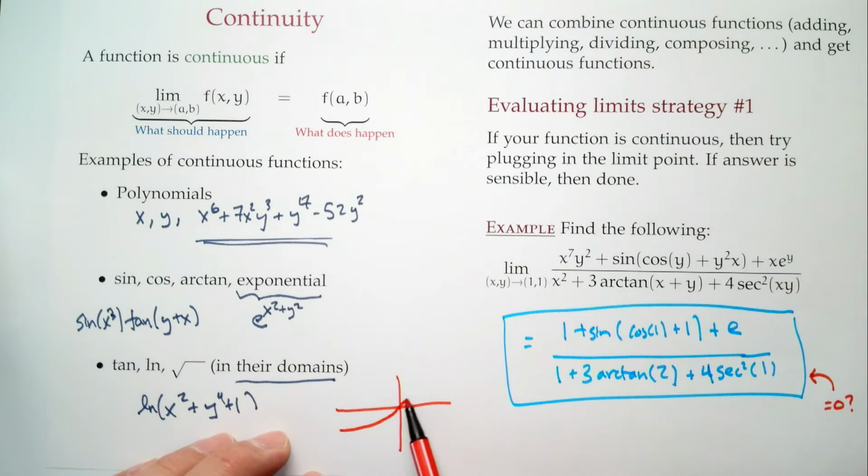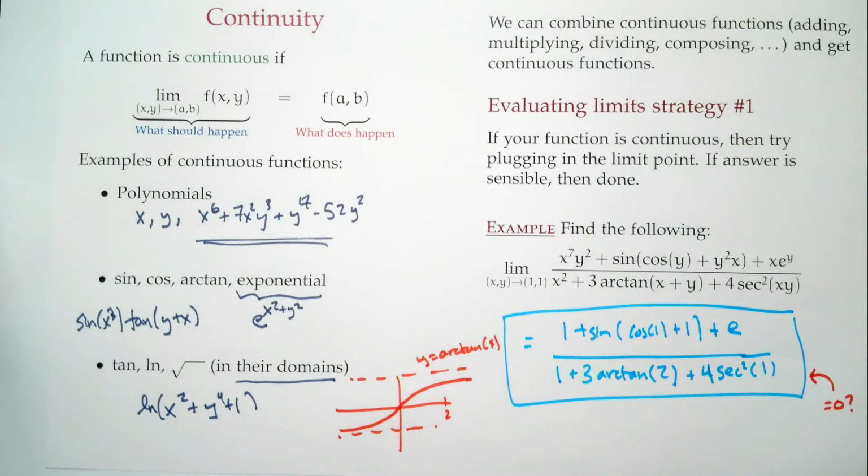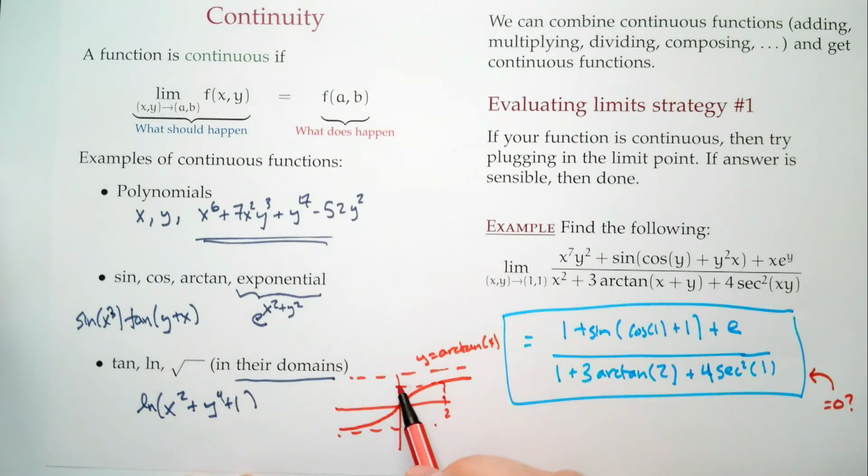That's such a cool function. Okay, so arctangent looks like that. If whatever you plug into arctangent is positive, then you get a positive number out. If what you plug in is negative, you get a negative number out. So arctangent of 2, well, that is positive.